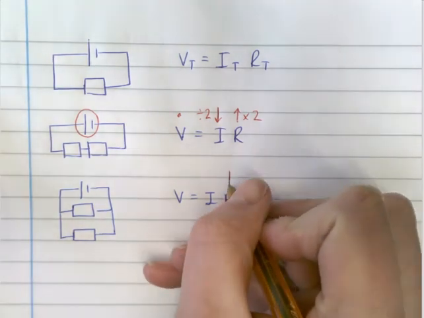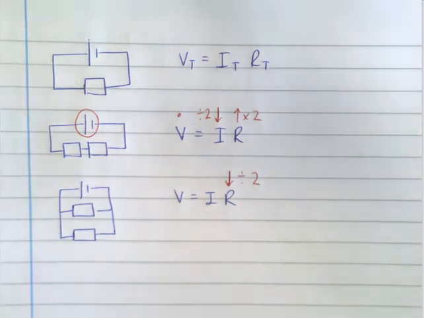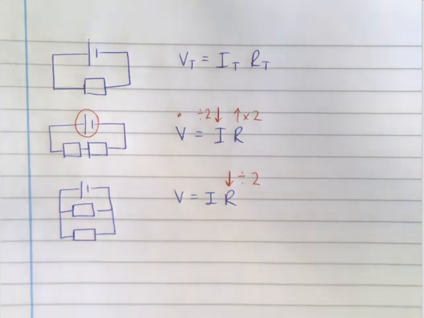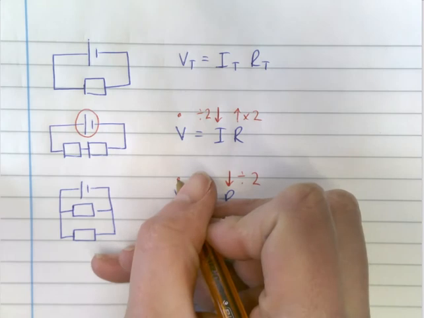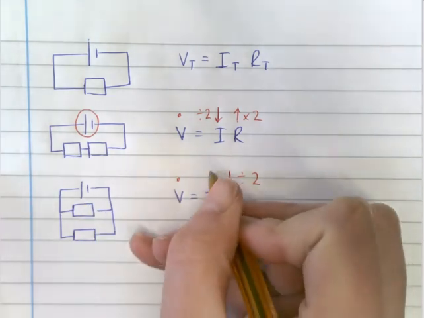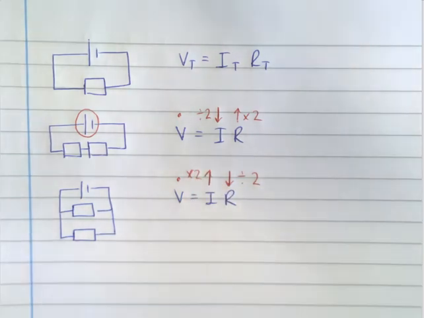Specifically I'm decreasing it by 2 because I've got identical resistors in parallel. If this was a 10 ohm resistor and this was a 10 ohm resistor, the overall resistance would now be 5 ohms. We'll look at why that is later on. But once again, the voltage is staying the same because I haven't changed the cells. So if I've decreased the resistance by 2, this time I've increased the current and doubled it.